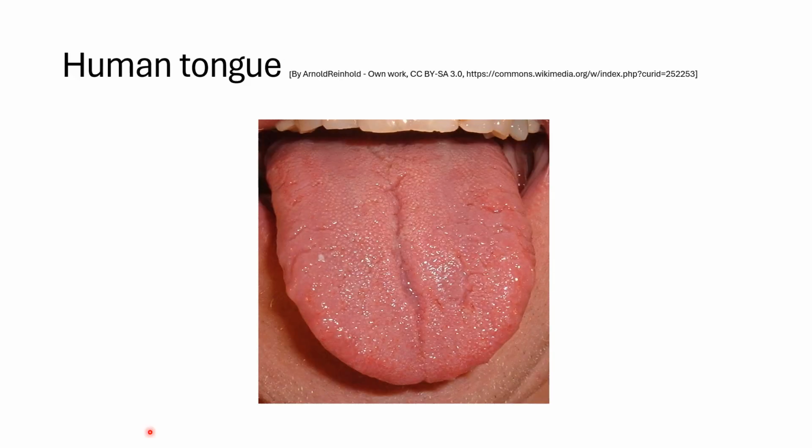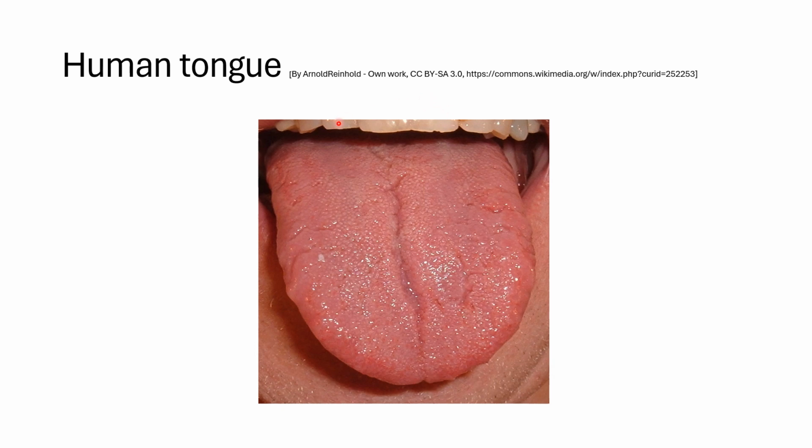Tip of the tongue. Now if you see here again, you see a midline gutter-like structure. This one is called the median furrow, which extends from the sulcus terminalis up to the tip of the tongue.